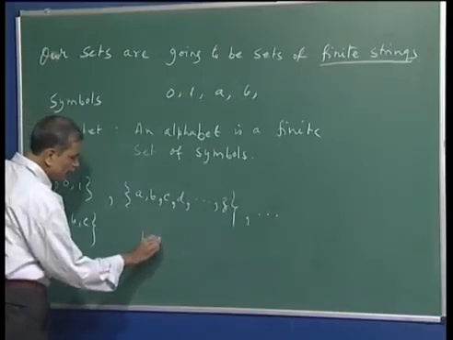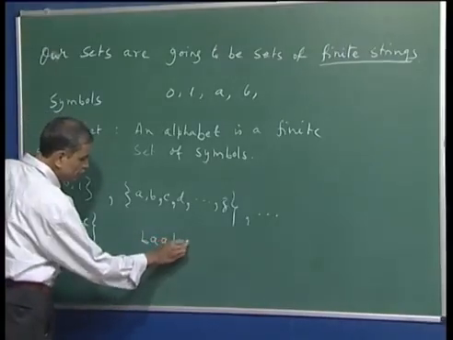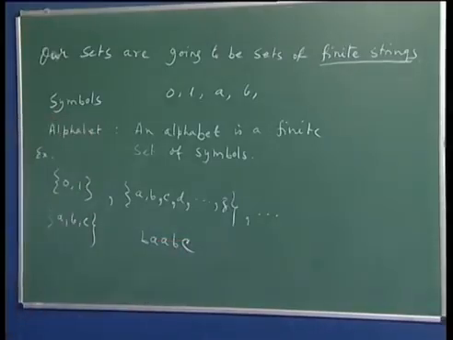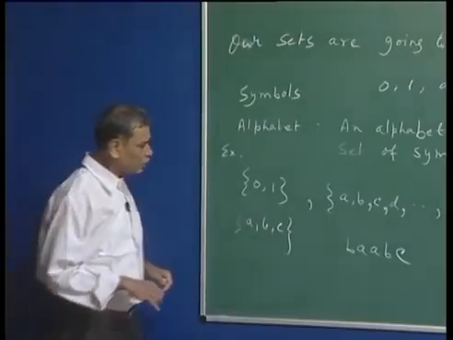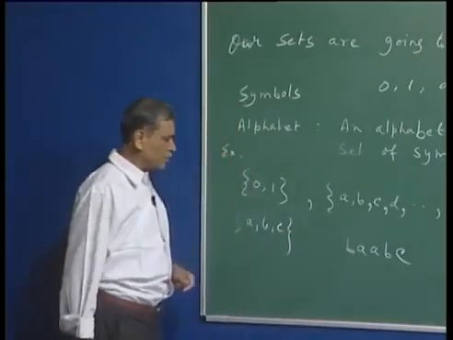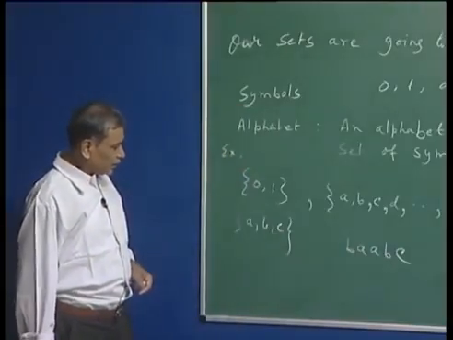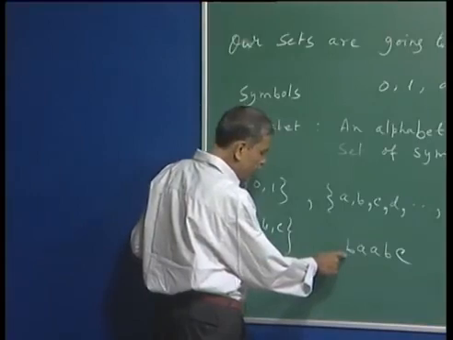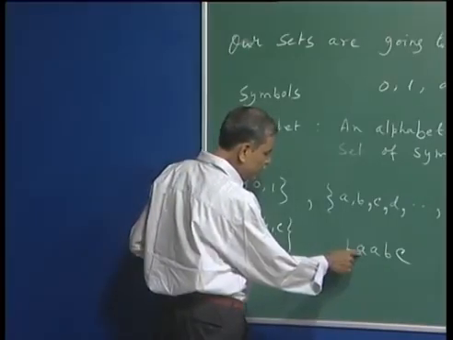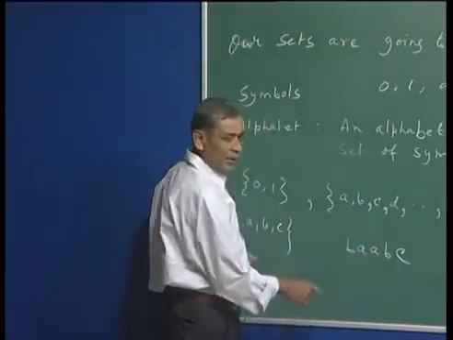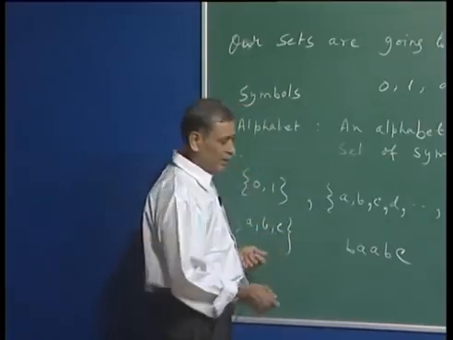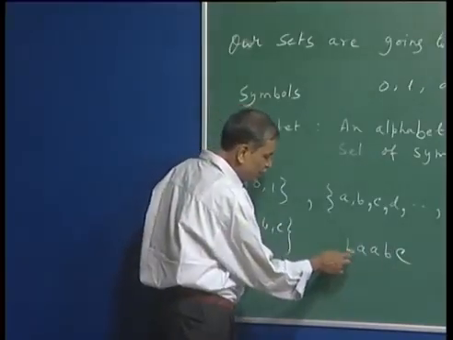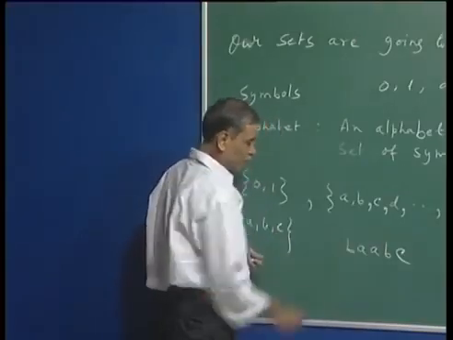So, let us say B, A, B, C. This is a string over this alphabet. We can formally define all this more carefully, but this notion is so simple you get it immediately: the first symbol is B, the second symbol is A. So, there is a notion of ordering. We can talk of first, second, third, fourth, fifth, and also there is a notion of length, because you can see its length is 5 because it has 5 symbols.